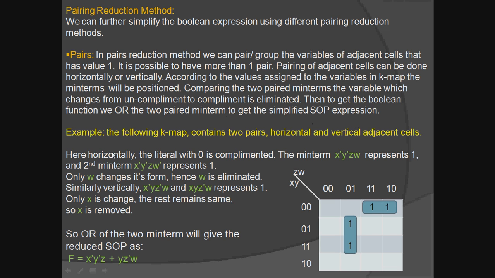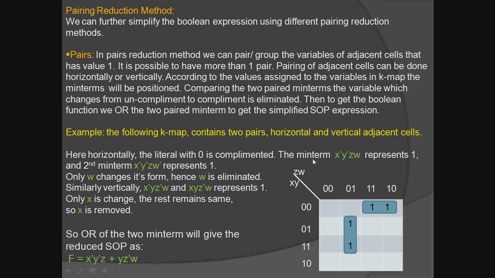So here is an example. The following K-map contains two pairs, horizontal and vertical adjacent cells. So only the adjacent cells will be paired. In the adjacent cells, 1 is there, 1 is there. So here horizontally the literal 0 is complemented. Wherever the value of the variable is 0, that variable will get complemented.